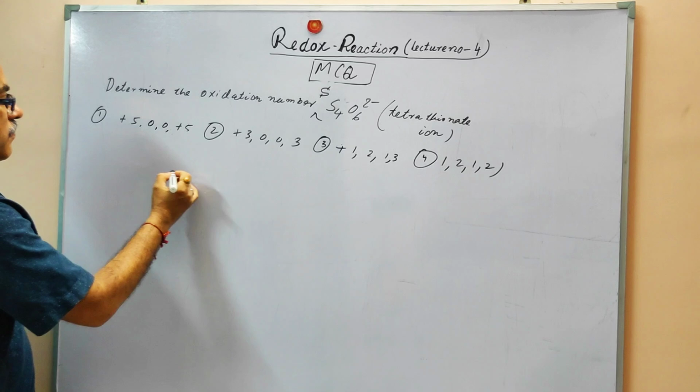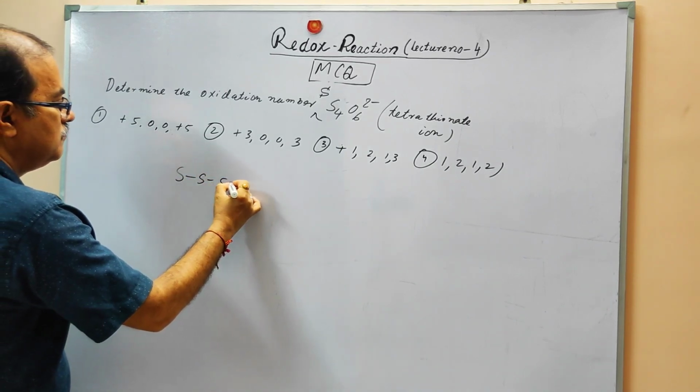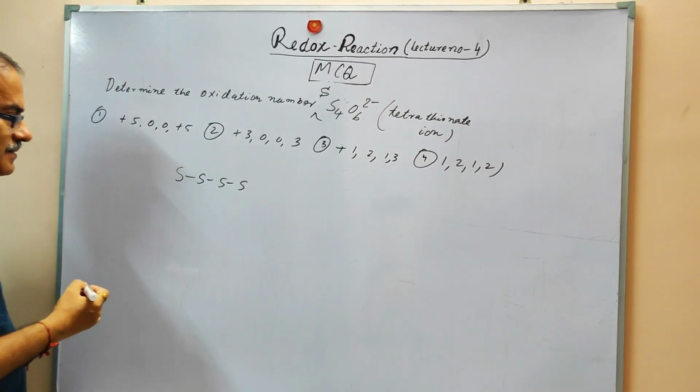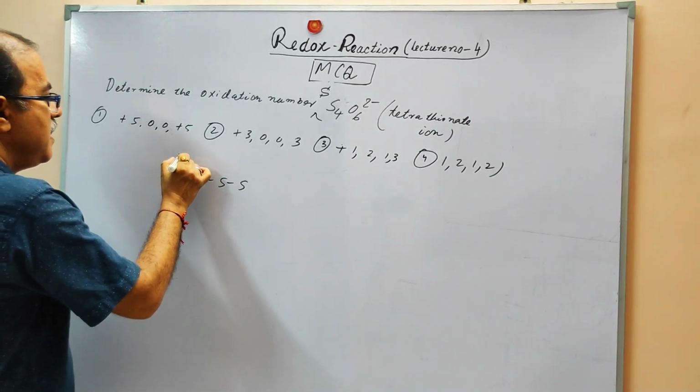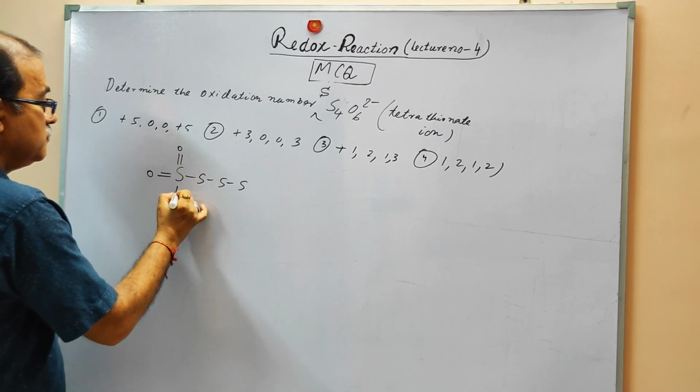So first we have to understand its structure. The 4 sulfur atoms are arranged this way and the oxygens are arranged this way.